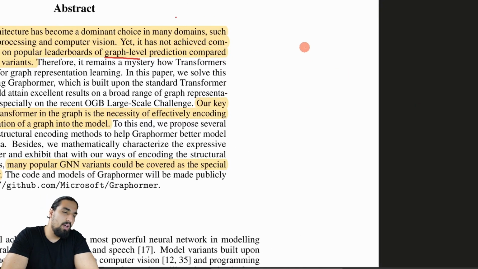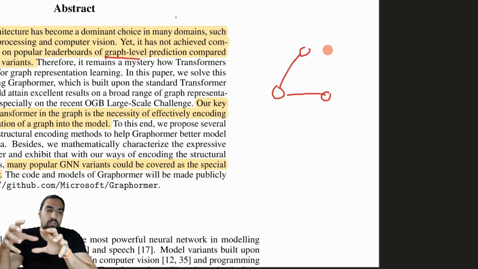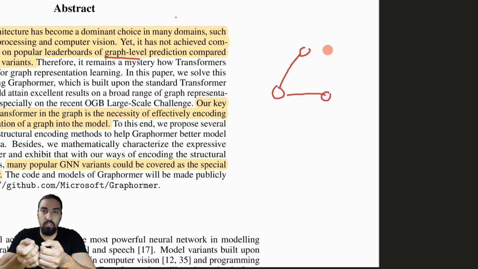If you have a simple graph, you can do multiple types of tasks on it: node-level predictions, edge-level predictions, or graph-level predictions. A graph-level prediction would be if this graph represents a molecule. For the graph level, you take into account all of the node and edge features, and you try to regress maybe the solubility of this molecule.